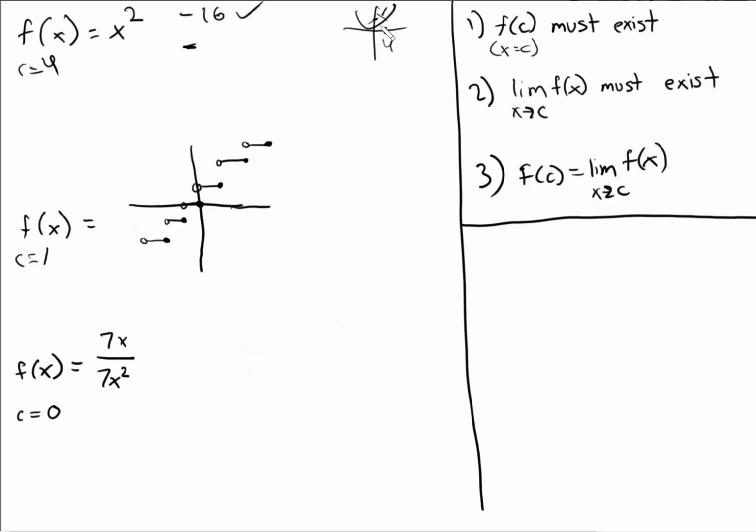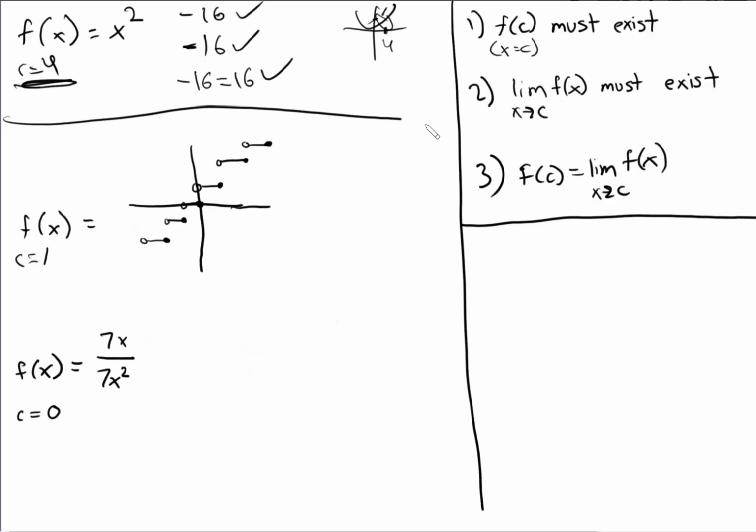That's still going to be 16, which means the limit as x approaches 4 of x squared does exist. And lastly, 16 is equal to 16, that holds true. Therefore, all three conditions of continuity are fulfilled. So at this specific value, our function here is continuous.